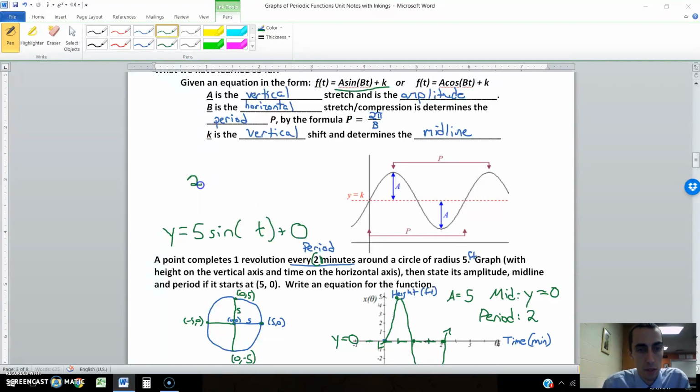Well, 2 pi over b gives us the period. We saw that the period here is 2. So we need to solve for b. First, multiply both sides by b, and then divide both sides by 2 to get this b by itself. So our b is pi, and so that's our equation for the graph.